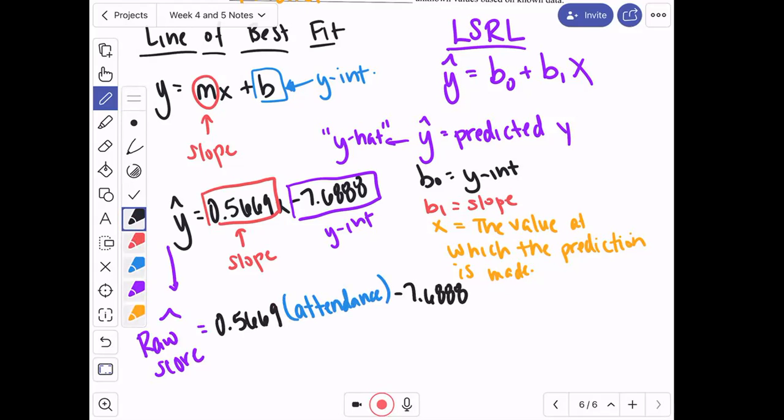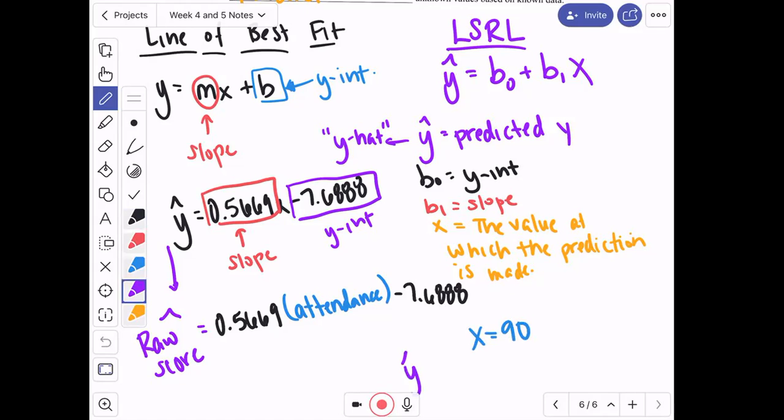And so now I can give you things like, if I said a person had an attendance of 90, right? An attendance of 90%. Well, if their X is equal to 90, I want to know what's the Y going to be. If X equals 90, what's the Y going to be?